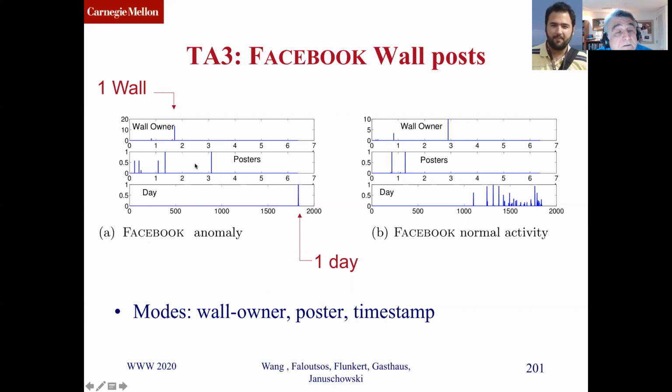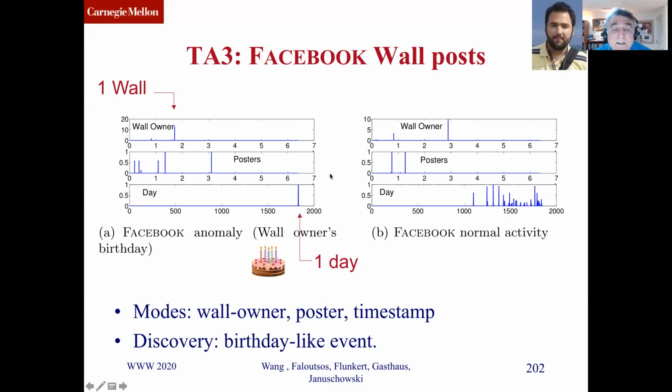The posters were several of them, but this activity happened on only one day, which is strange because other activities have 1 or 2 wall owners, a few posters, and the activity spans several days. So one possible explanation is that this is the birthday of the wall owner, and these posters posted on his or her wall to wish this person happy birthday.